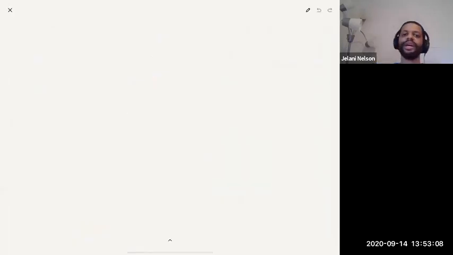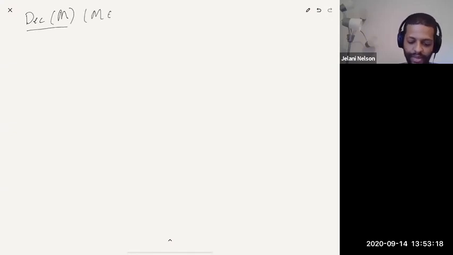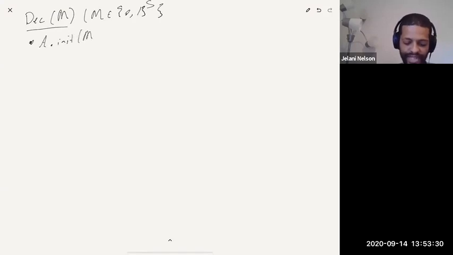So here's the inversion function, which I'll just call the decoding. The decoding takes as input, let's say m, where m is the memory contents, so it's an s-bit string. The first thing I'll do is initialize the algorithm with that as its memory.